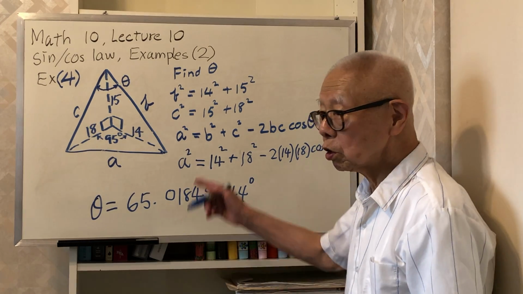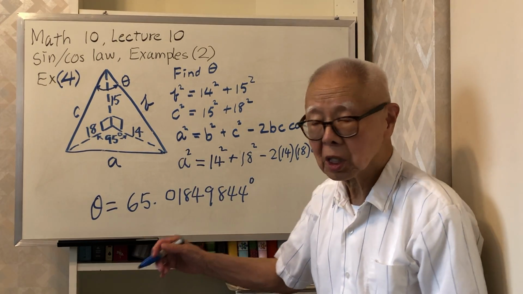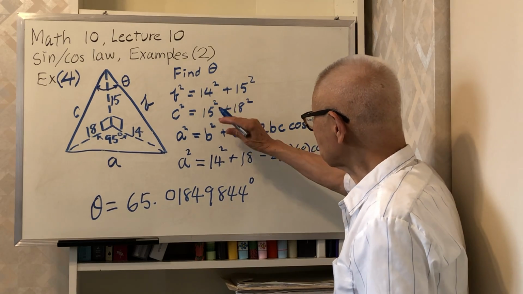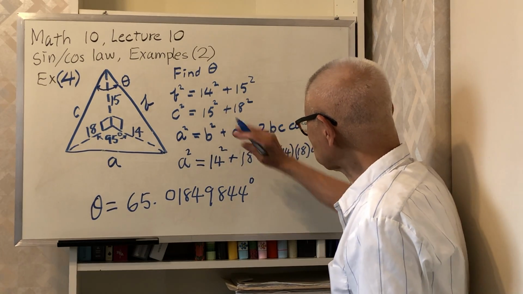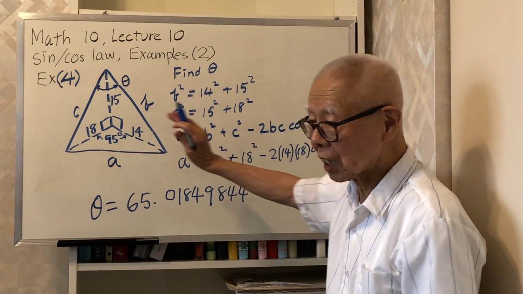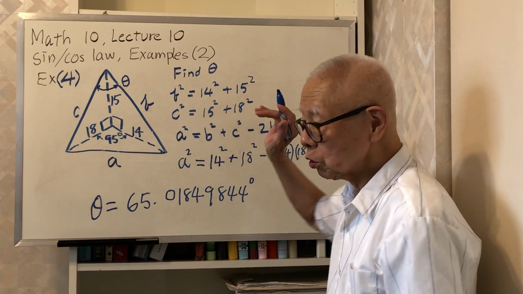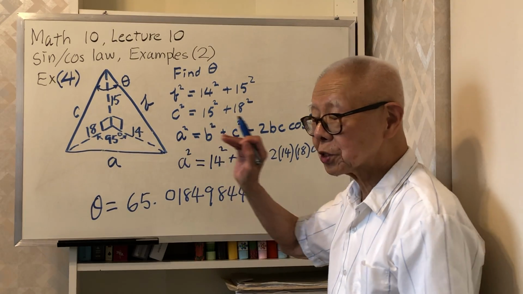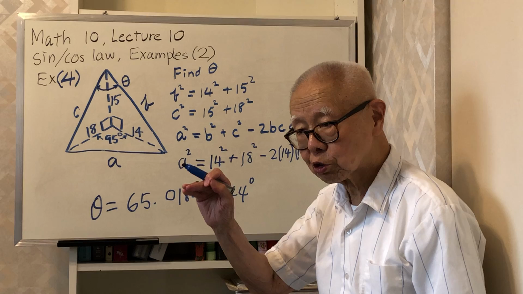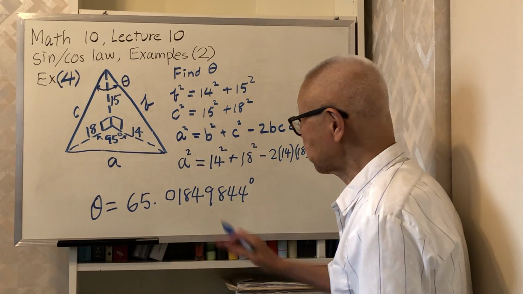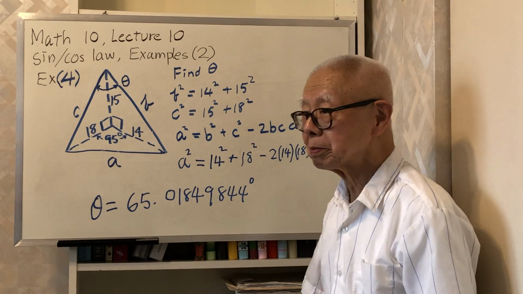You try this as an exercise, how to write cosine theta using these relations, and it's a long expression. Once you have that long expression, use your calculator to find cosine theta, and once you have the answer to cosine theta, you use the second function, the arc cosine, and then you can have the answer there.